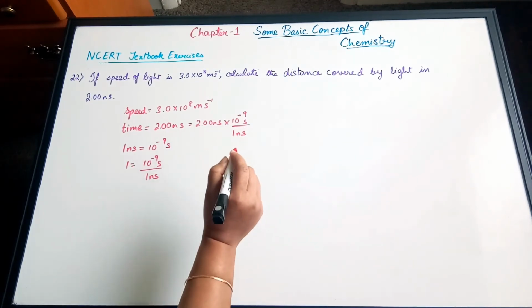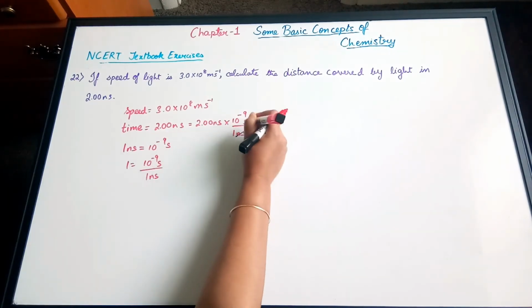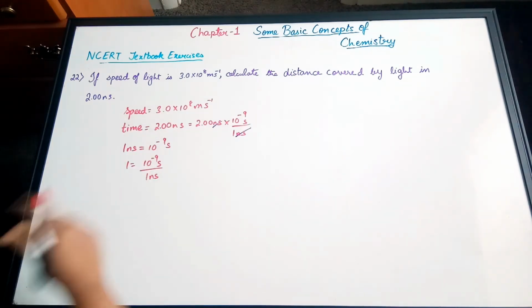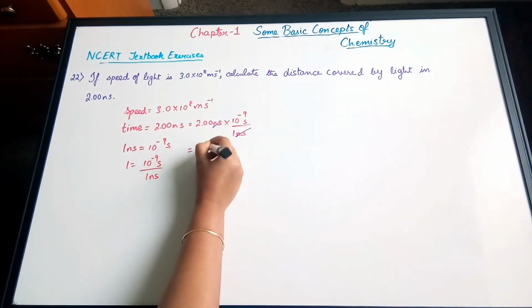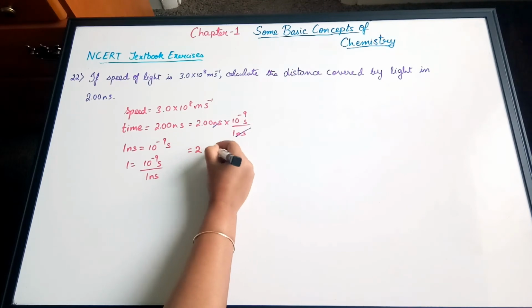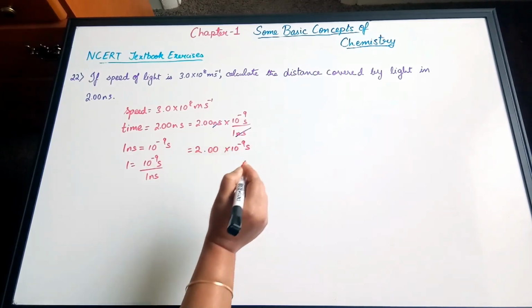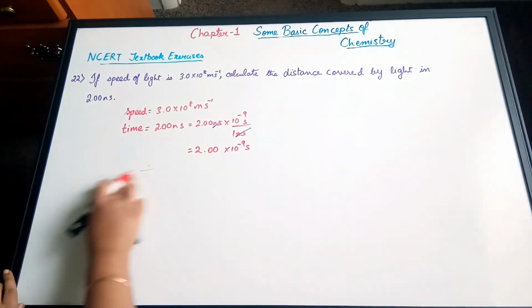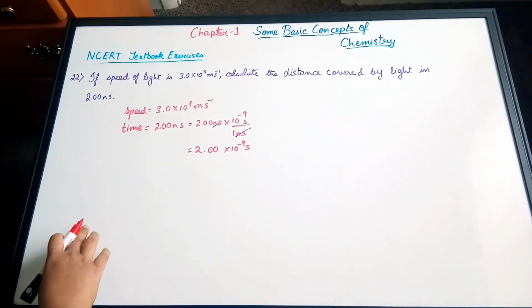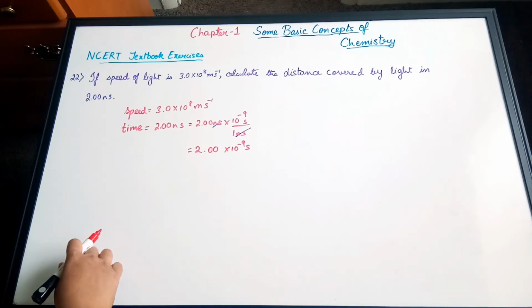And so these two values will get cancelled, and you get 2.00 into 10 to the power minus 9 seconds. Okay, so we know speed equals distance by time.